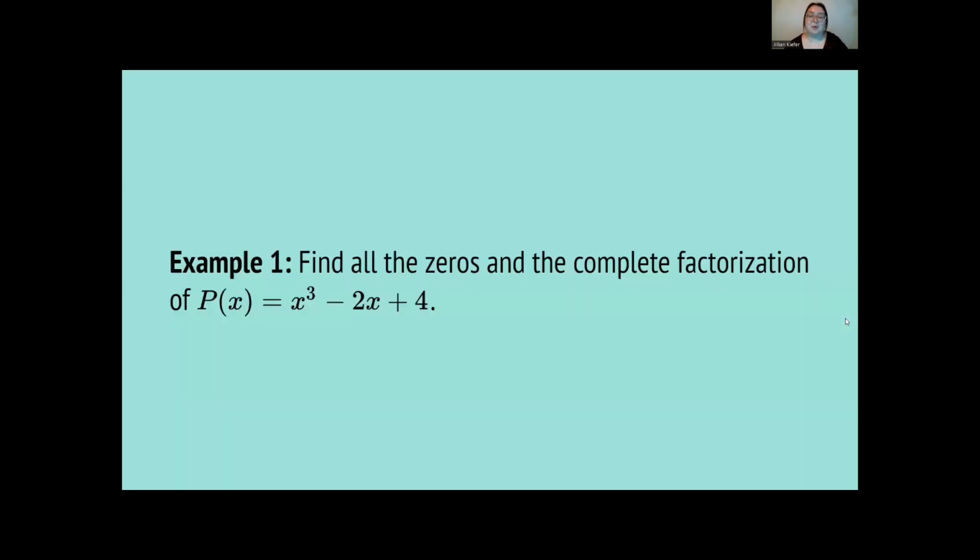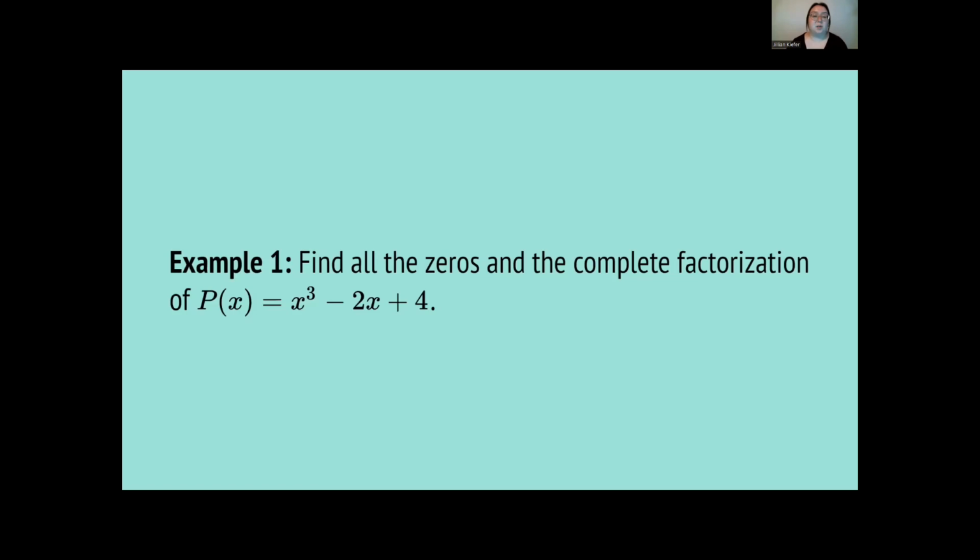So example 1, we're going to find all the zeros and the complete factorization of p of x, where p of x is equal to x to the power of 3 minus 2x plus 4. We're going to find all of the zeros, complex and real, and the complete factorization of our polynomial, meaning that we are going to expand it into terms that look like x plus or minus a number.